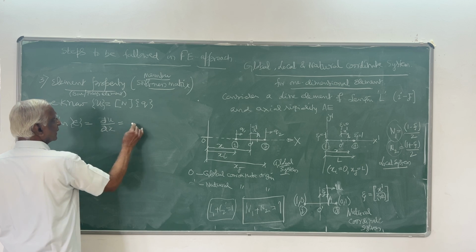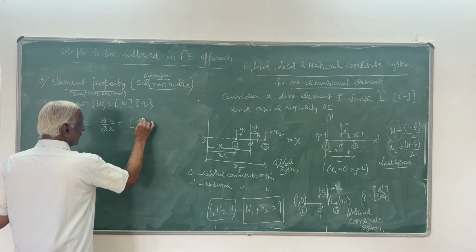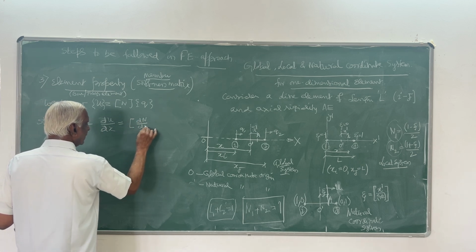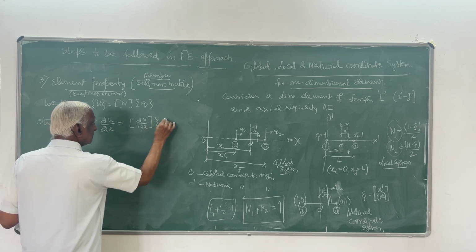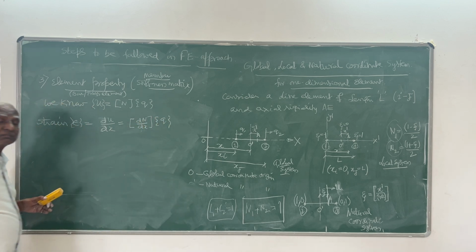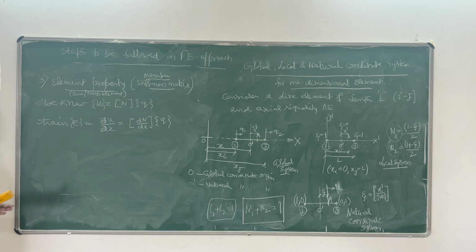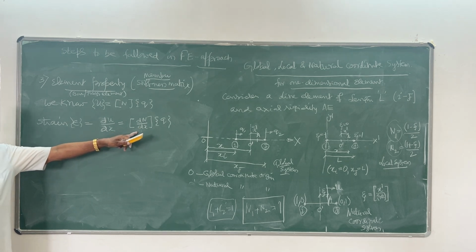So that is nothing but dN by dx. Q is after all the nodal displacement vector, right? It is a value, it cannot be differentiated, it is a constant, correct? If you differentiate it, it will be zero. So if at all we have to differentiate, it is only this.